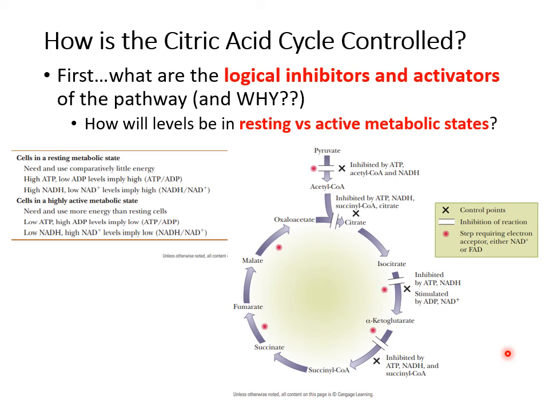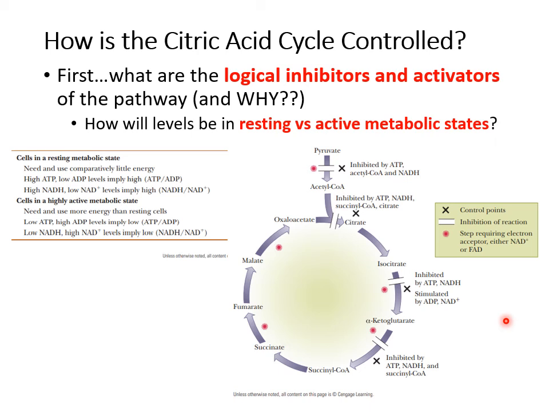Why would I waste my energy and resources making what I already have? So you'll notice that ATP is a big inhibitor for that reason, and NADH is also a big inhibitor that comes up in each of the steps. And then the other inhibitors that you see, like I mentioned before, are mainly the products of certain steps.